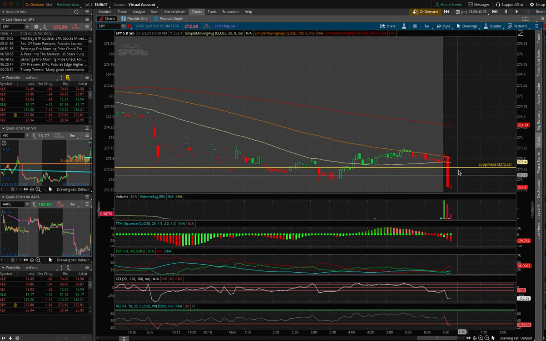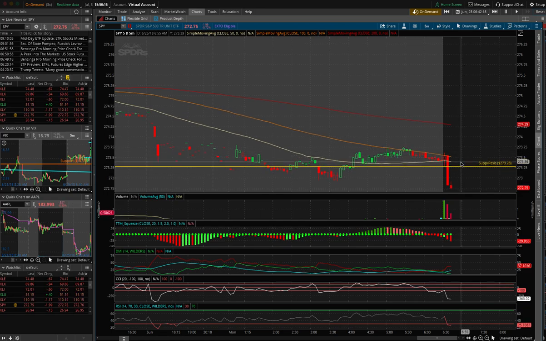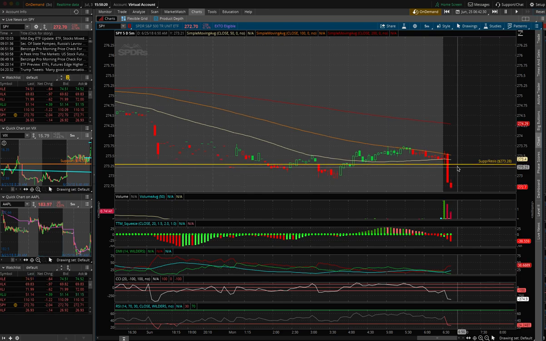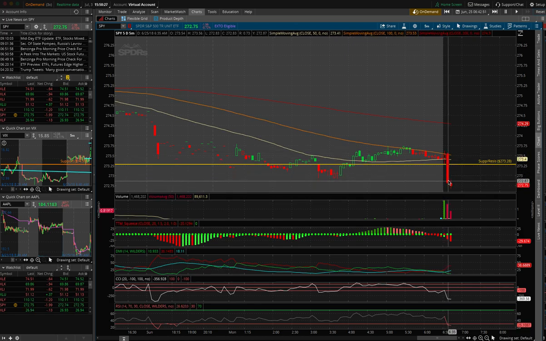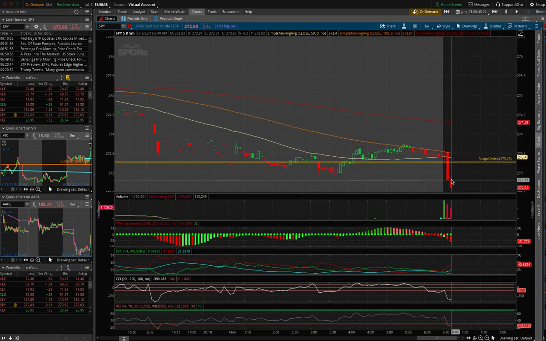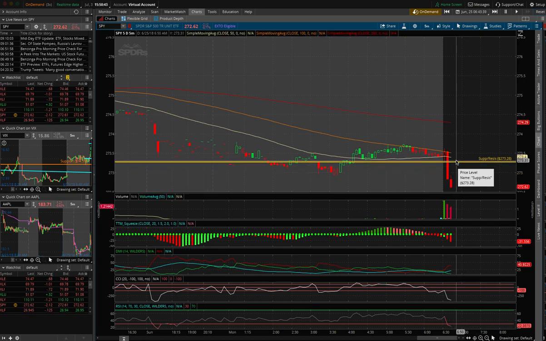Now, if it comes back and tests this area and it pushes through and it's successful, then you get out. Now, if this is so weak in the market that it comes down, breaks through, and continues down, you can get in puts, but this would be your stop loss if you got above there.